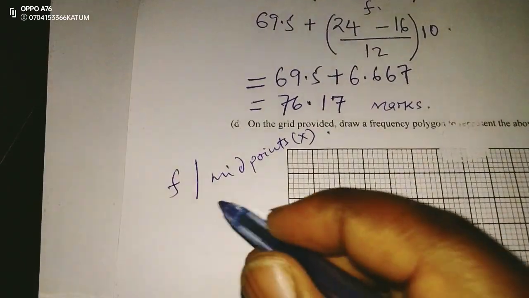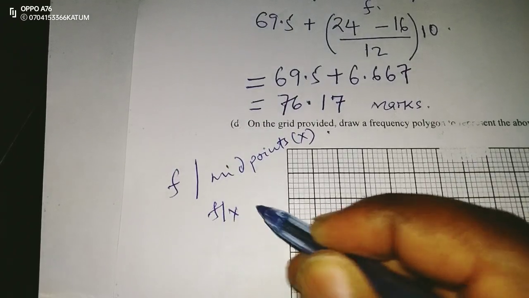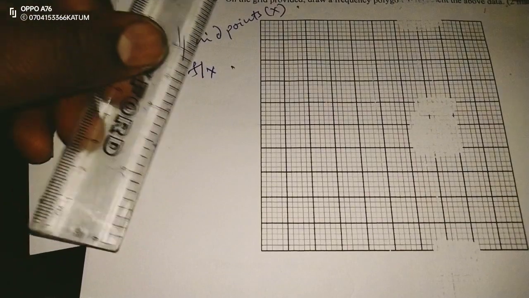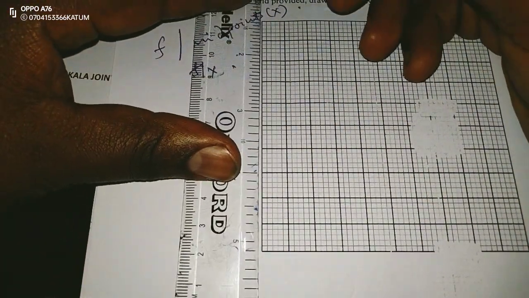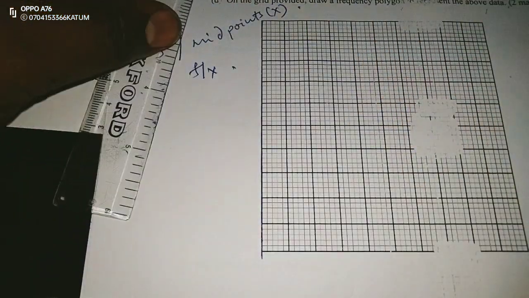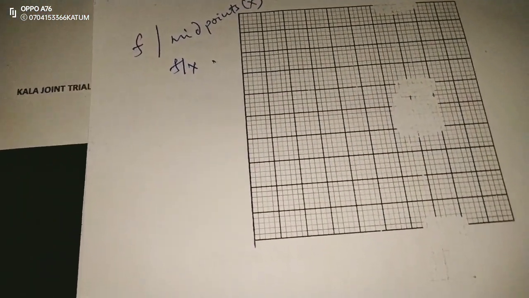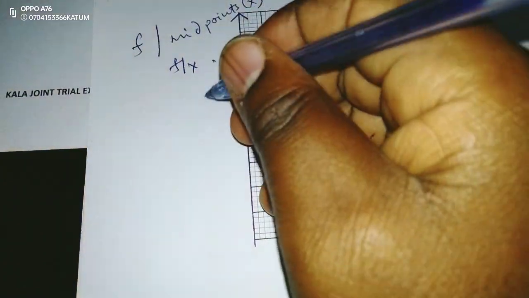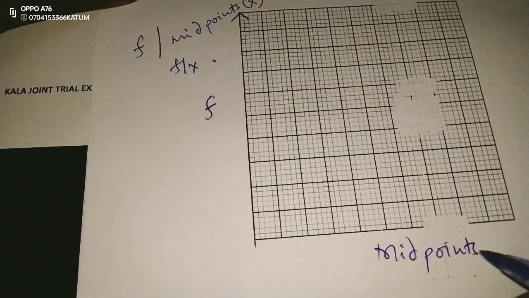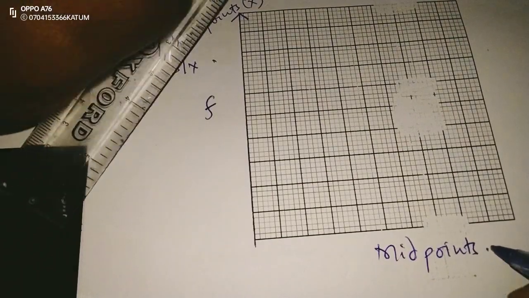F against X. So frequencies are going to be plotted here, and midpoints are going to be plotted there.